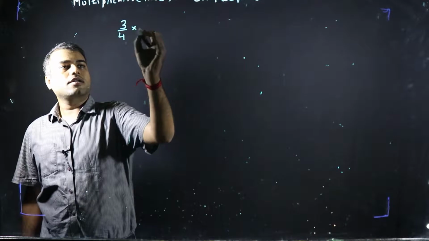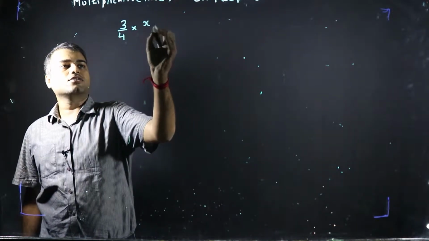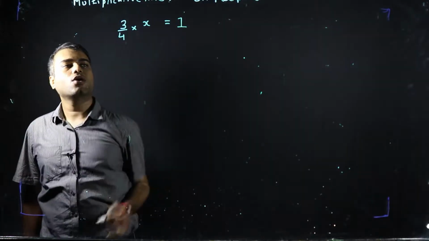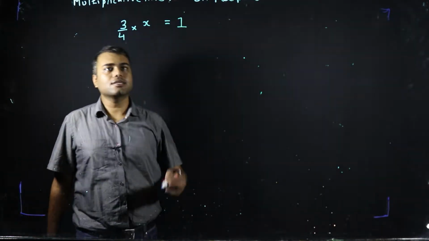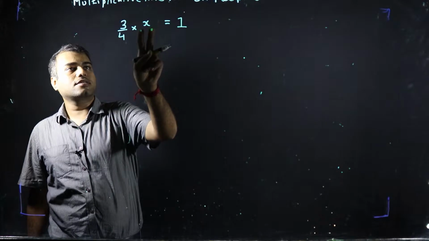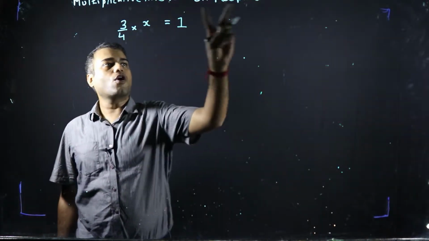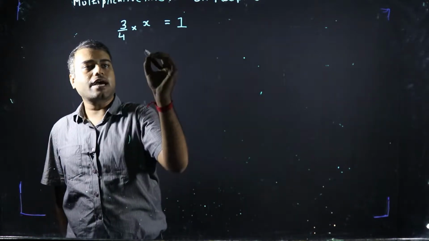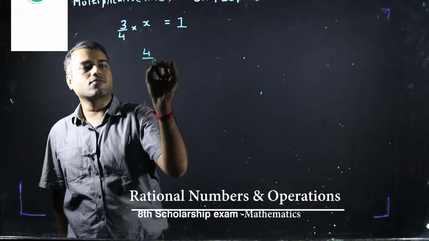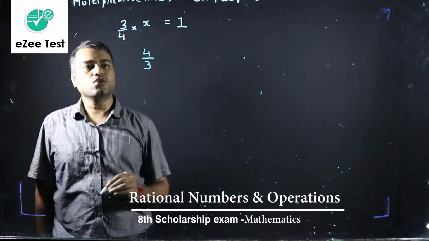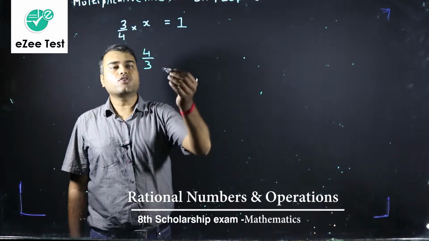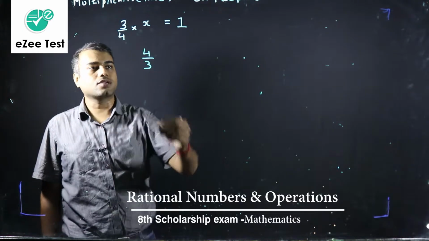With what another fraction should I multiply it such that the answer comes out to be 1? So that means x will be called the multiplicative inverse or the reciprocal of 3/4. So it is, I think, obvious enough that the answer will be 4/3. So the reciprocal or the multiplicative inverse of 3/4 is 4/3.